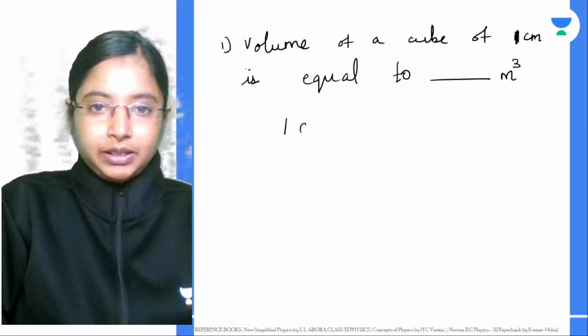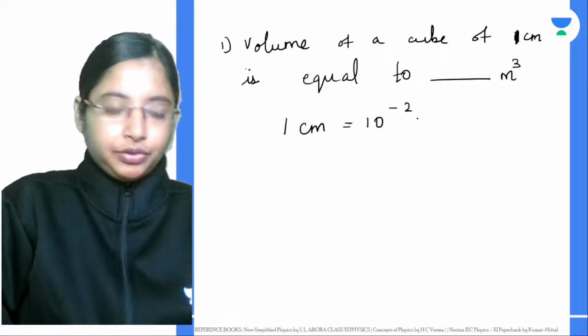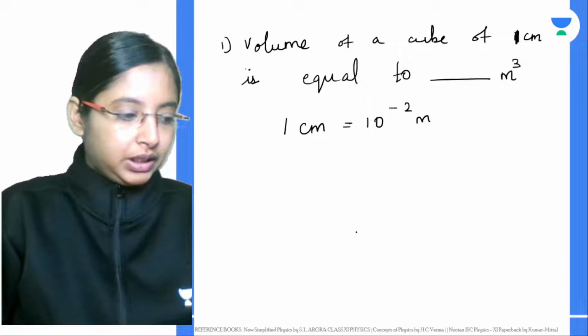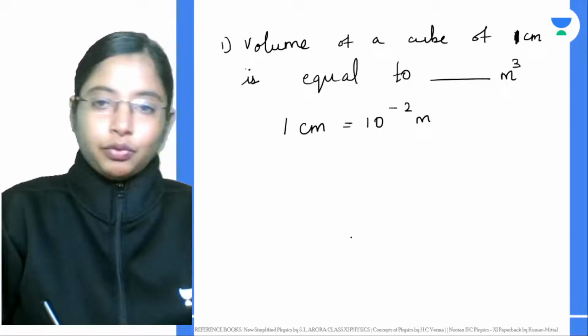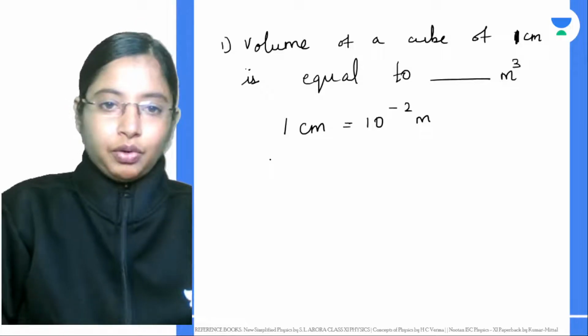Now 1 centimeter is equal to 10 to the power of minus 2 meters. What is the volume of a cube?